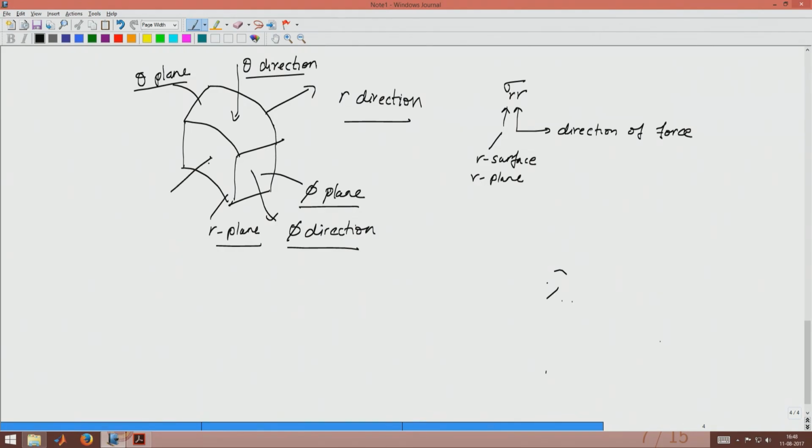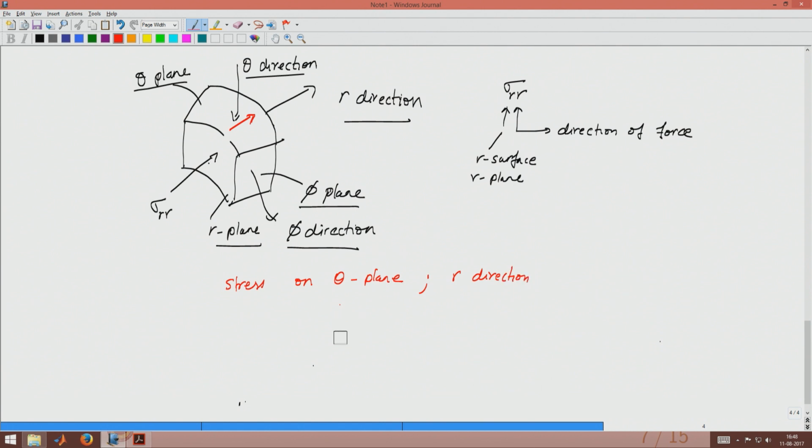And so, clearly this is an example of sigma r. Now, you can also think and try to justify what is being drawn here. What I have drawn here is a stress which is on a theta plane and it is in the r direction.